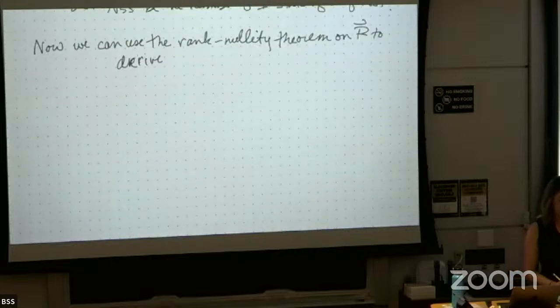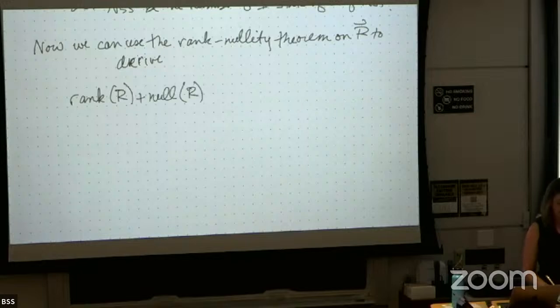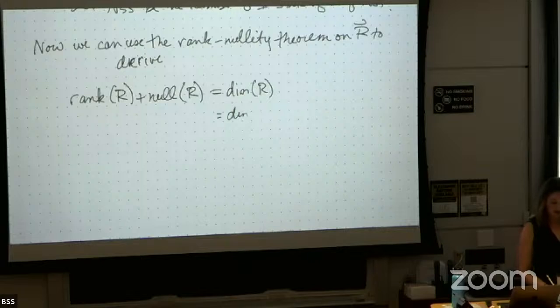Okay, so what's the rank nullity theorem? It says that the rank of R plus the null of R has to be equal to the dimension of R. But this is also equal to the dimension of R transpose, which is also equal to the rank of R transpose plus the null of R transpose.